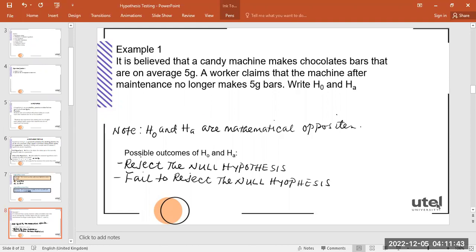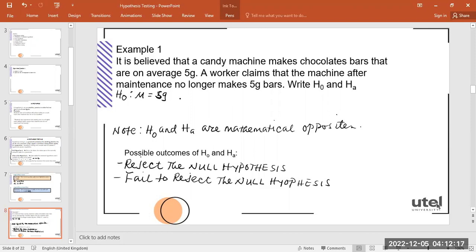Generally, to write them is very simple. Statistically, we start by writing the null hypothesis, capital H sub 0, such that mu, the average, is equal to 5 grams. This is the default belief that the candy bar machine makes chocolate bars that have a weight of 5 grams.